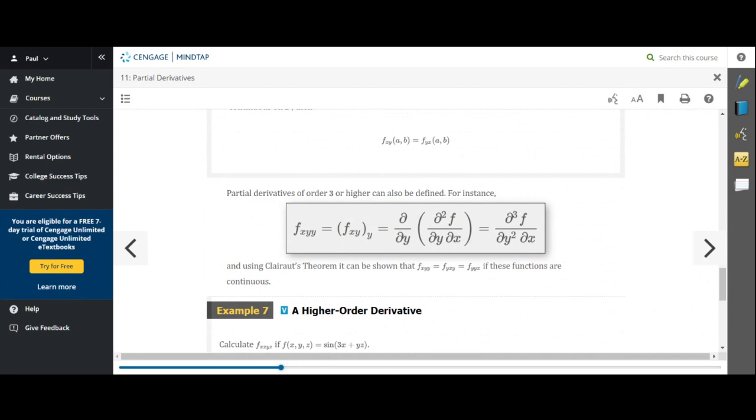Now you might wonder, well, gee, Dr. Judy, beyond concavity, why would we need beyond the second derivative? We know second derivative is used for concavity, concave up, concave down. Why would you need higher order derivatives?